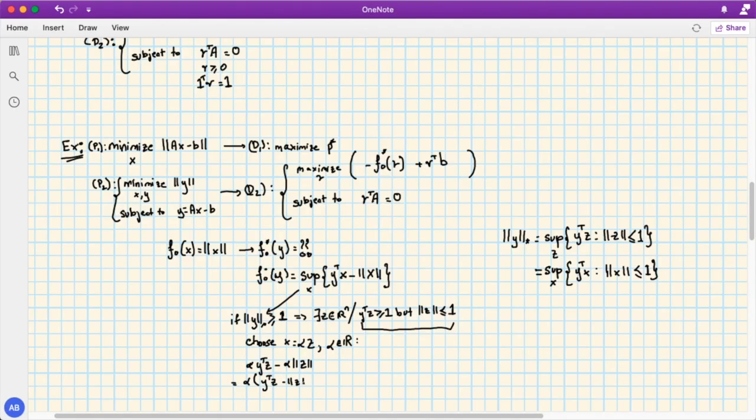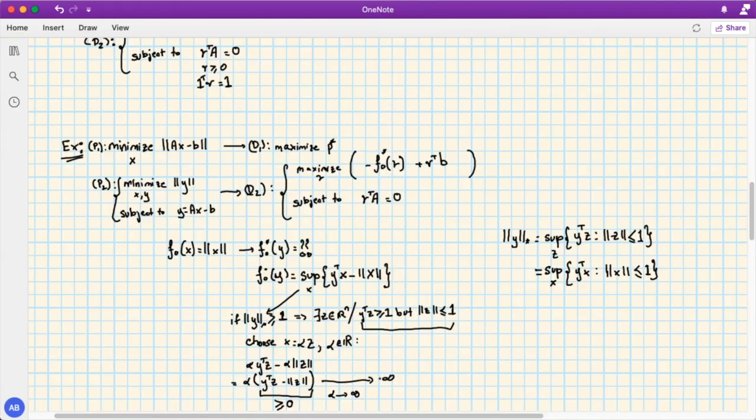Why did I do this? Well, it's to ensure that this thing is not only not zero, but positive. Because y transpose z is greater than 1 and the norm of z is less than 1. So this thing is ensured to be greater than or equal to 0. And as alpha goes to infinity, this term goes to infinity as well.